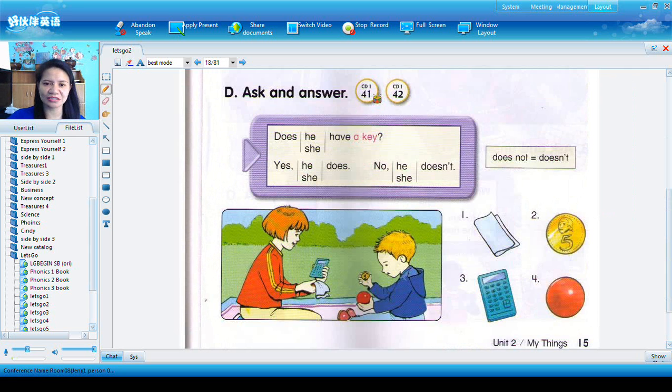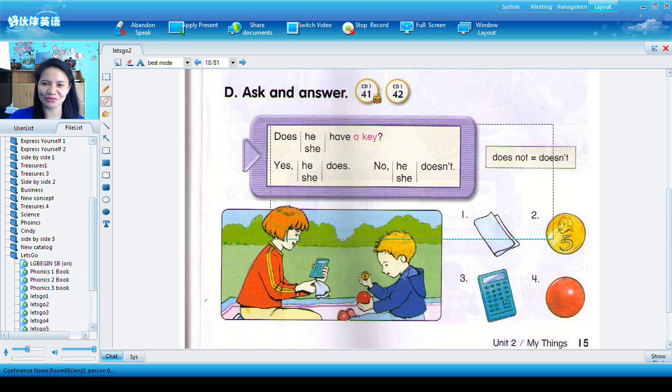Let's answer the question, does he have a key? If she does or he does, you'll say, yes, he does. And if he doesn't or she doesn't have, you say, no, he or she doesn't.